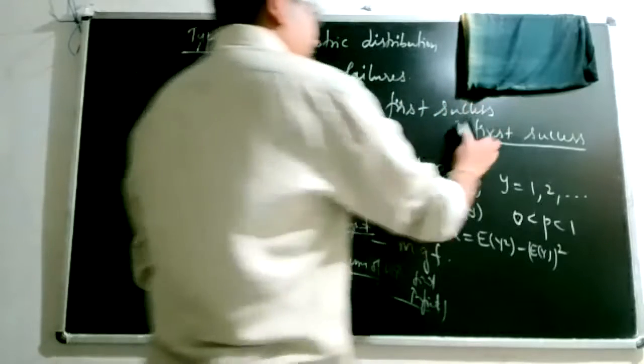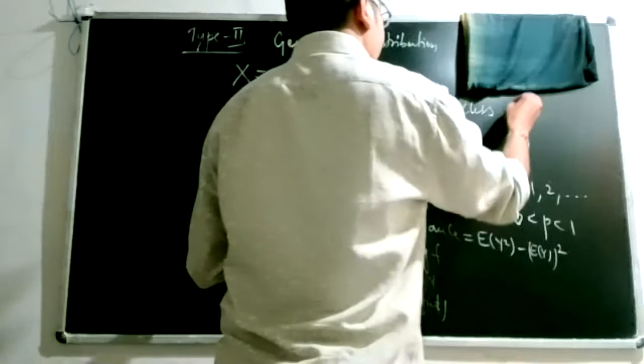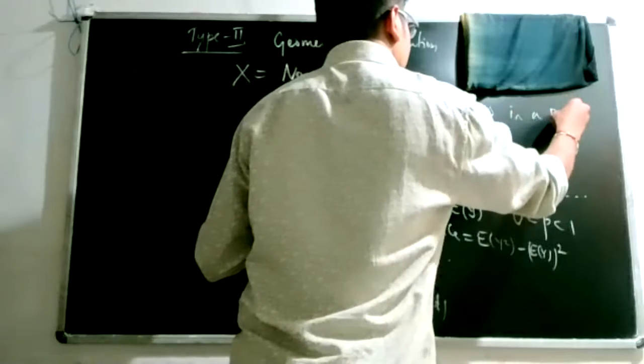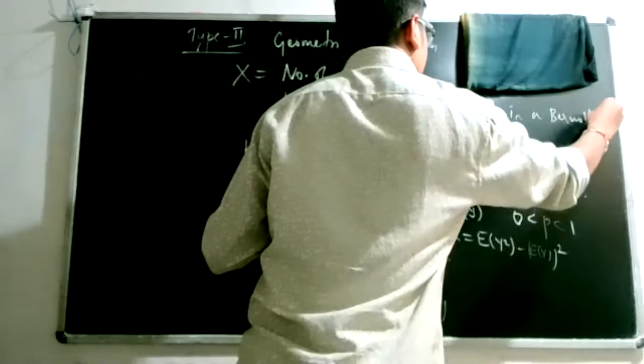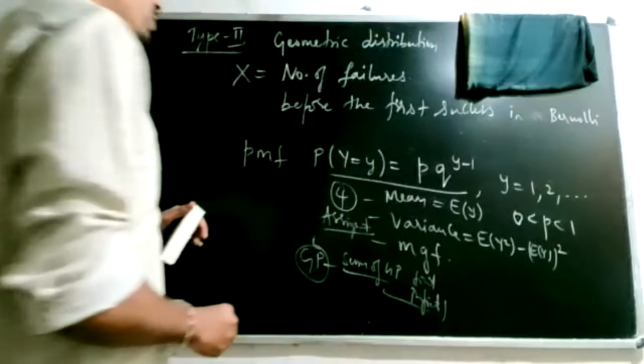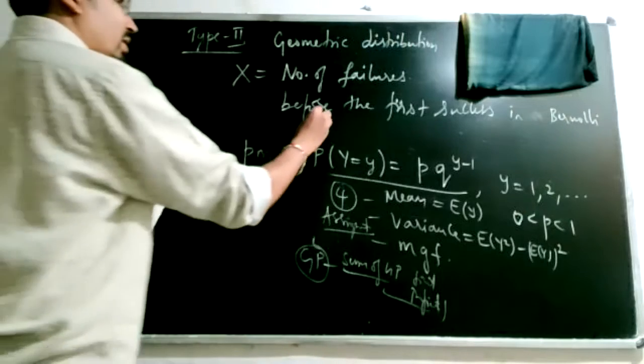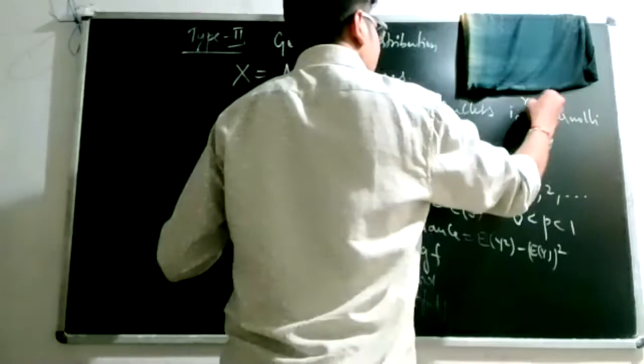So again, we are talking about Bernoulli trials: the number of failures before the first success in repeated Bernoulli trials.